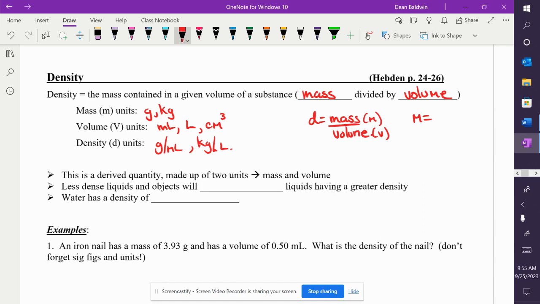Mass equals density times volume. If you multiply the volume up here, you get mass is equal to density times volume. And if you want to know the volume, V, you multiply volume up and you divide up the D, you'll get volume is equal to mass over density.